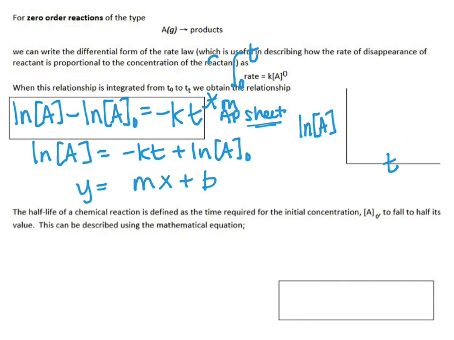You have the negative slope, and then you have m. The absolute value of m is equal to your rate constant, k.